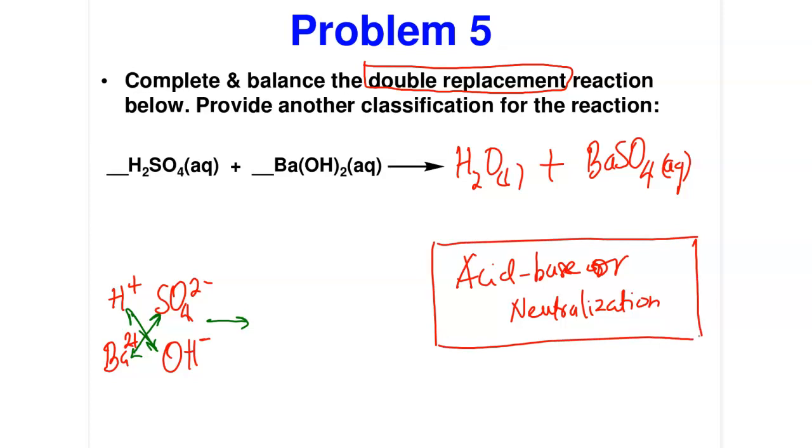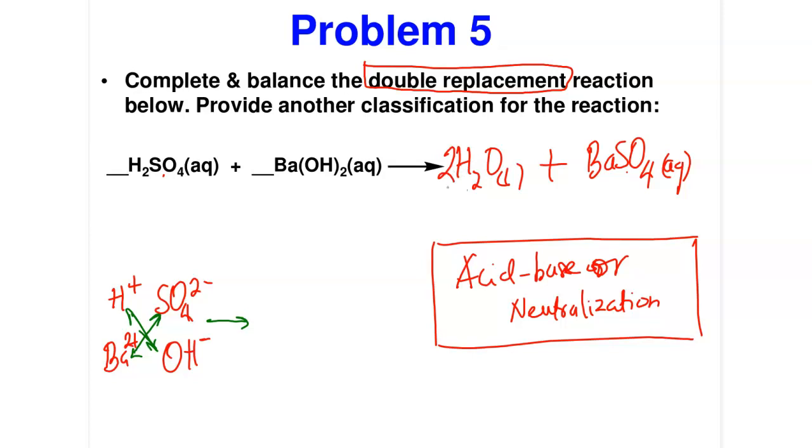So now we balance this equation. Let's start with barium. Barium is 1. Barium is 1. That is better. Sulfate is 1. Sulfate is 1. Then let's go to hydrogen: 2 plus 2 is 4. Here it's 2. So I'm going to add 2 here. If you add 2 here, it is now 4.